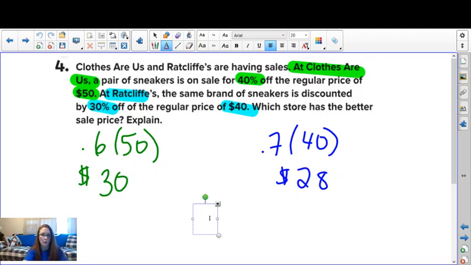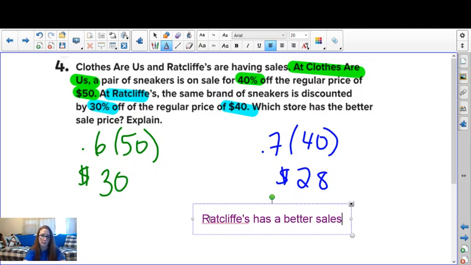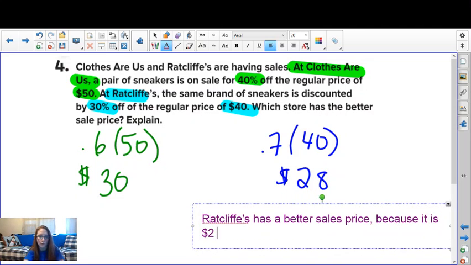So Ratcliffe's has a better sales price because it is $2 cheaper than Clothes R Us.